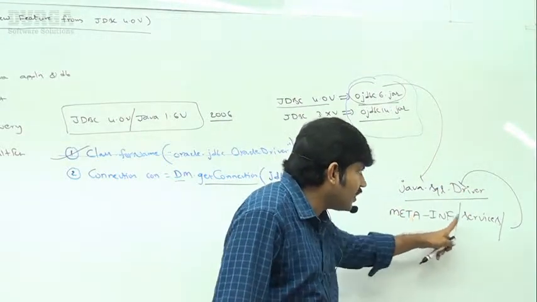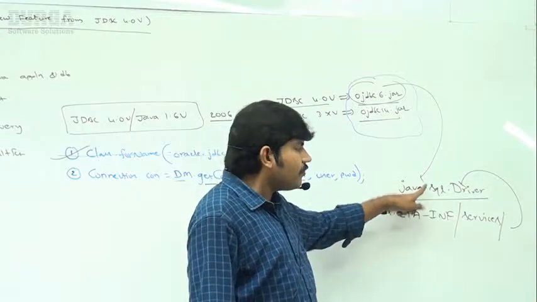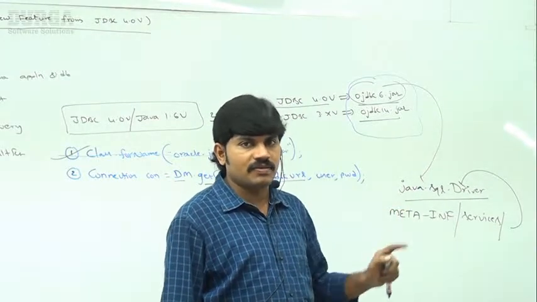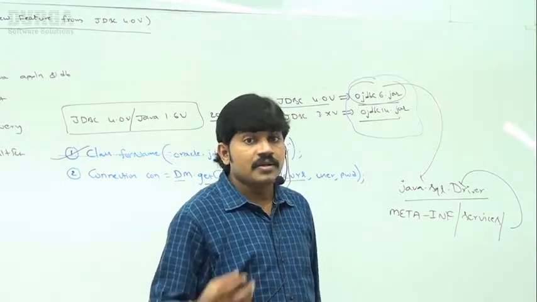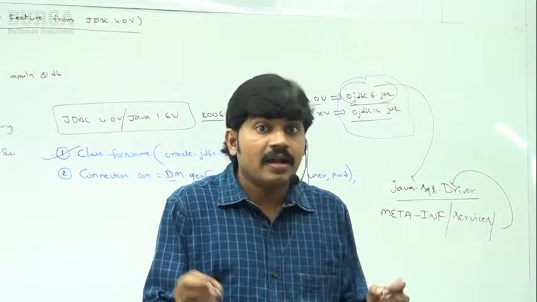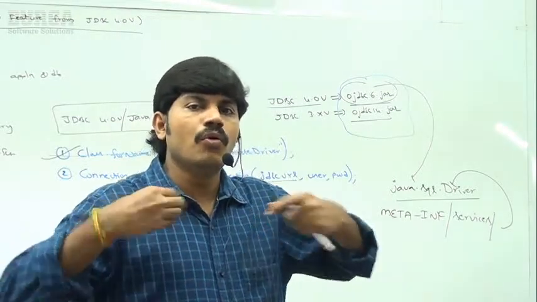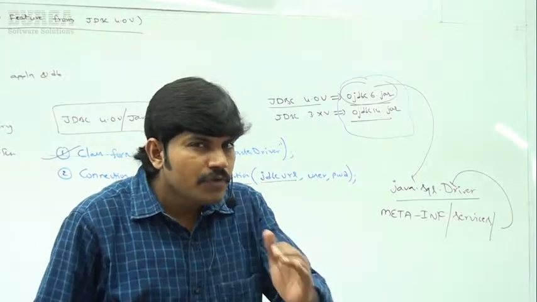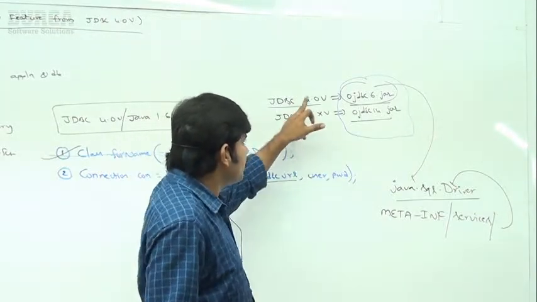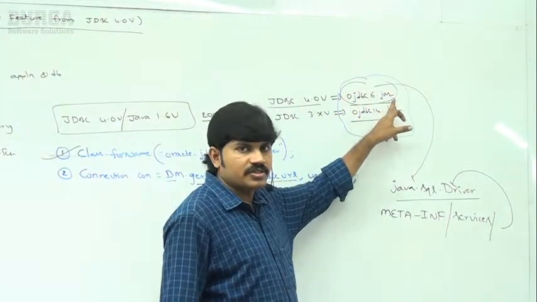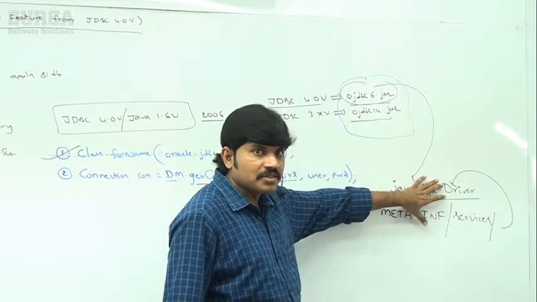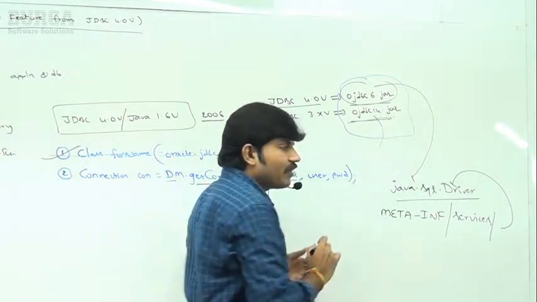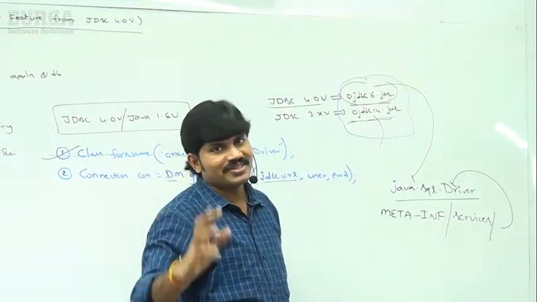Inside the META-INF folder, inside services. From this file, my class loader can get the driver class name and will load that driver class automatically. If you open OJDBC6.jar, you can see all these things. But if I open OJDBC14.jar, sorry sir, no such file.